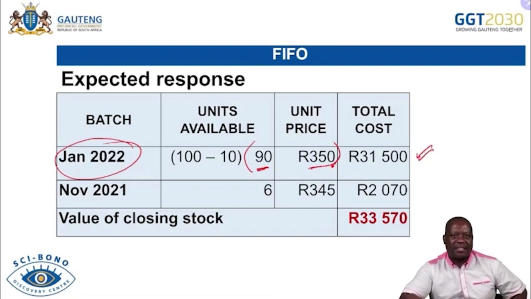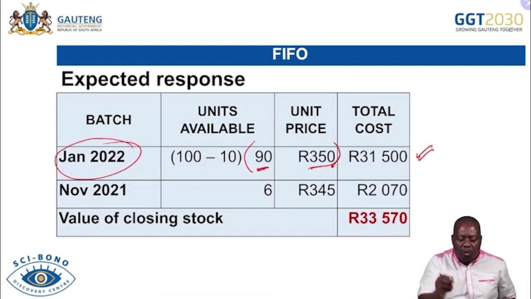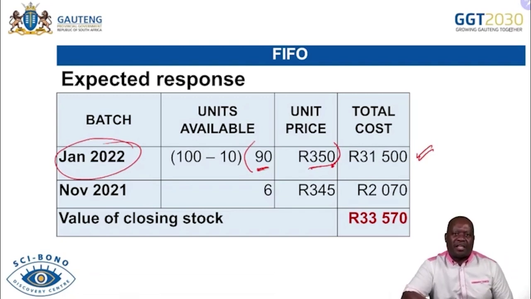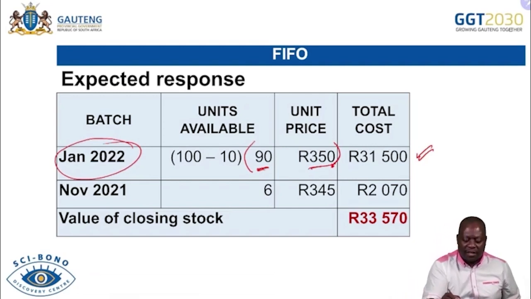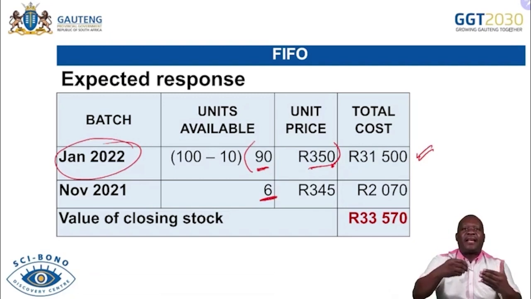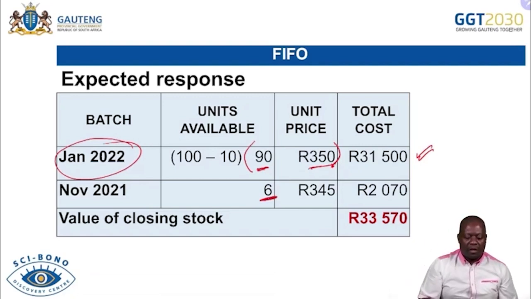I trust it makes sense, boys and girls. But now, before we can even breathe, what else do we need? They said the closing stock is made up of 96. We are only accounting for 90 from the last batch. How many more units do we need to make 96? Then we see that we still need 6. So where do we get the 6? From the next batch going up. The latest one was in January.